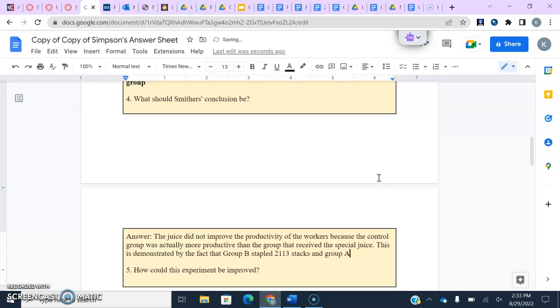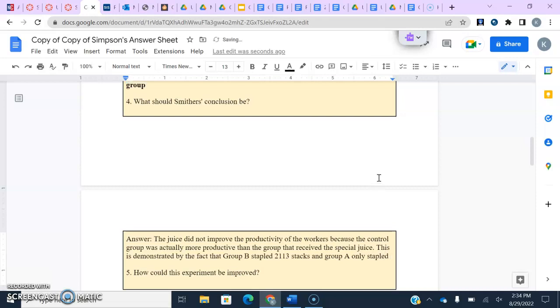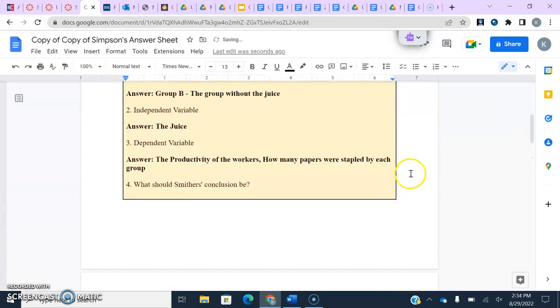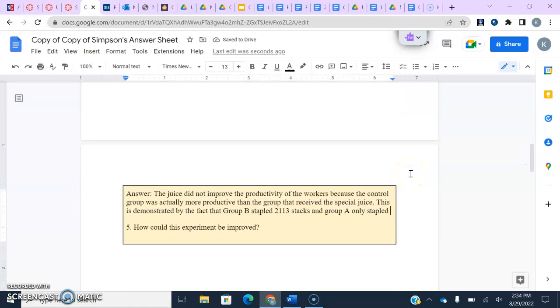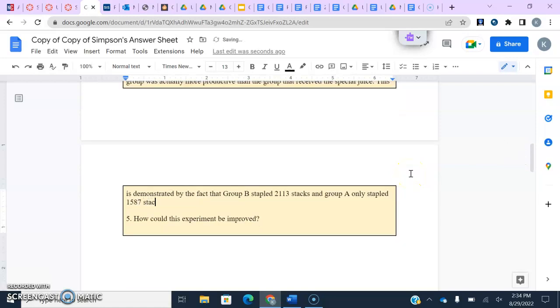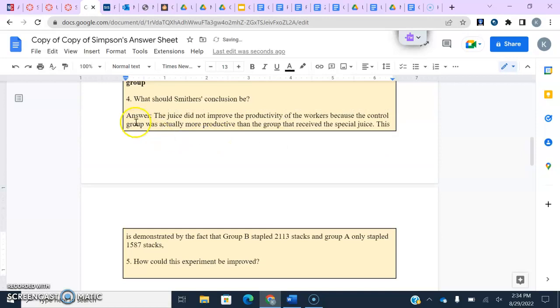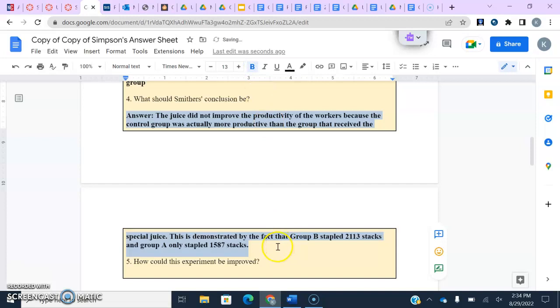And Group A only stapled 1,587. So this would be a really good way to answer this question because, again, you are taking the data directly from the experiment and you are using that to help support your conclusion.